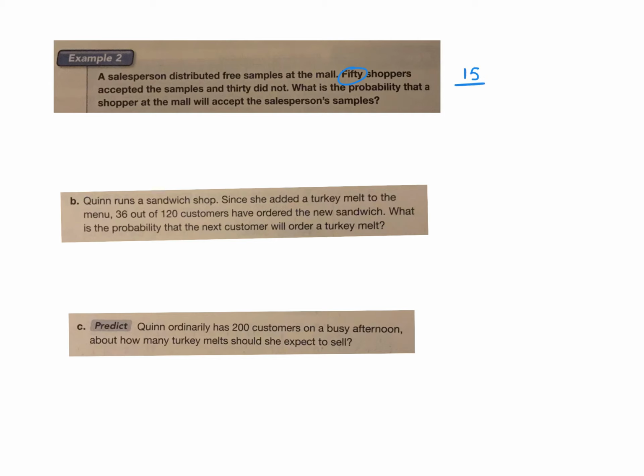The next thing we need to ask ourselves is, how many times did he try to give out a flyer? Well, notice it says 15 did and 30 did not. So he tried 15 times successfully, and he tried 30 times unsuccessfully, for a total of 45 times. So on the bottom would be 45.